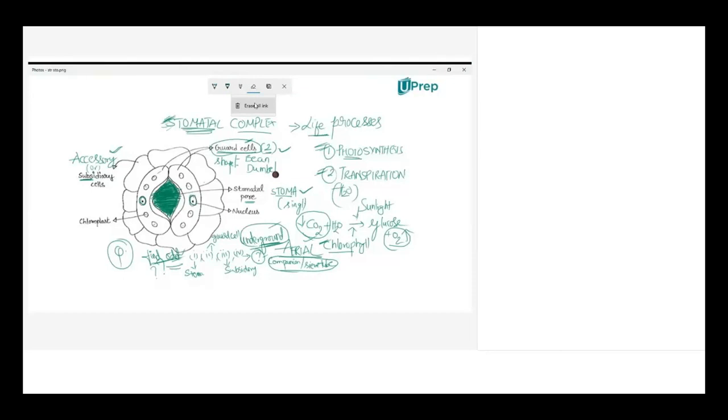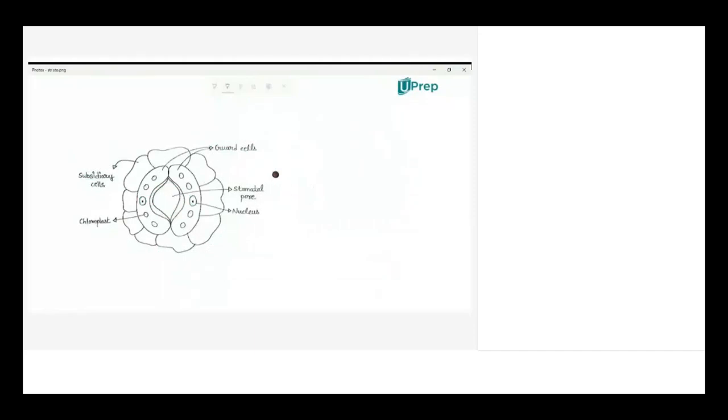So this happens by the closing and opening of stoma. How this pore gets opened and closed determines the major factor in taking in carbon dioxide and giving out oxygen.